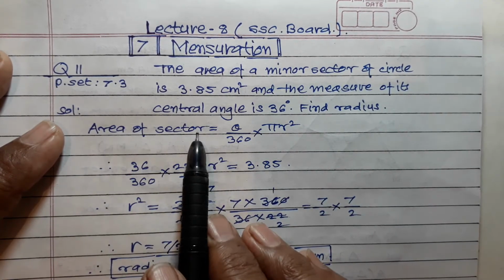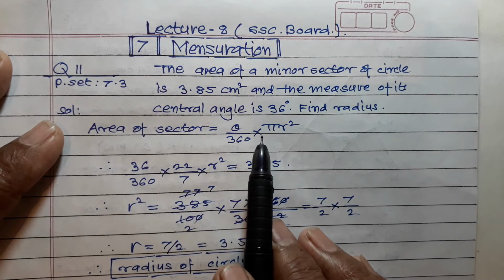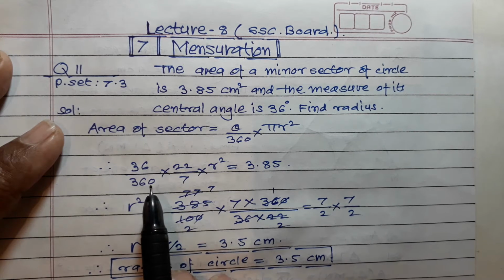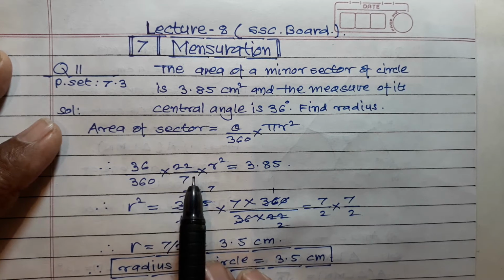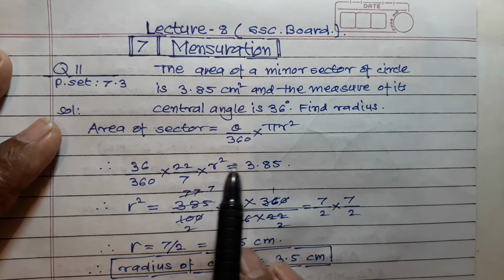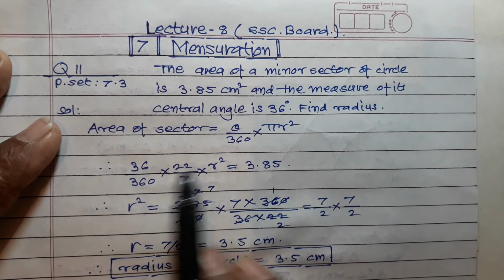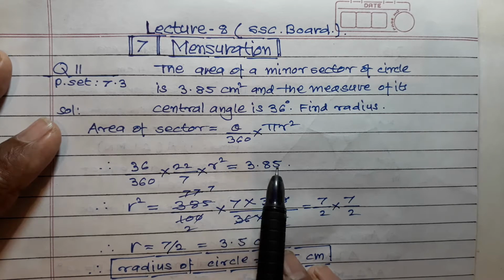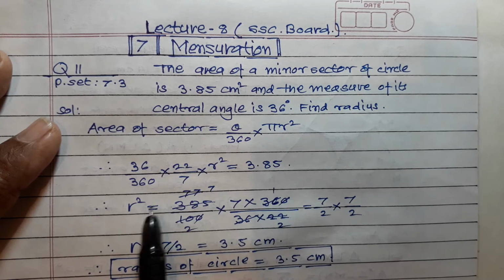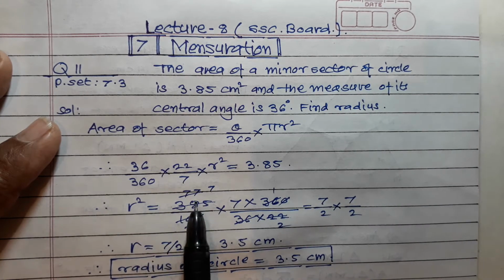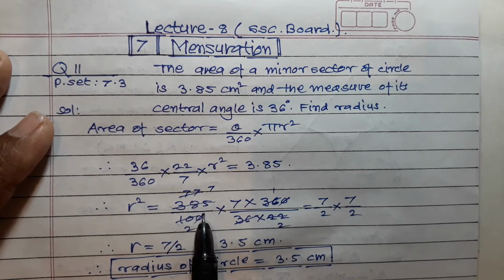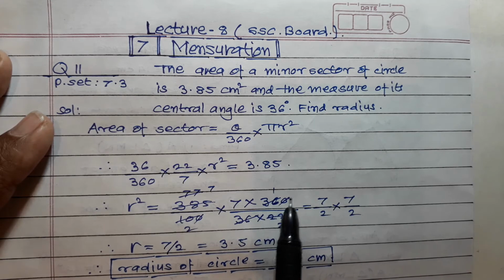So area of sector is equal to theta upon 360 into pi r square, is equal to 36 upon 360 into 22 upon 7 into r square. If you simplify this, you will get r square upon 10 into 22 upon 7. Now it is given 3.85, and hence r square is equal to 385 upon 100 into 7 into 360 upon 36 into 22.